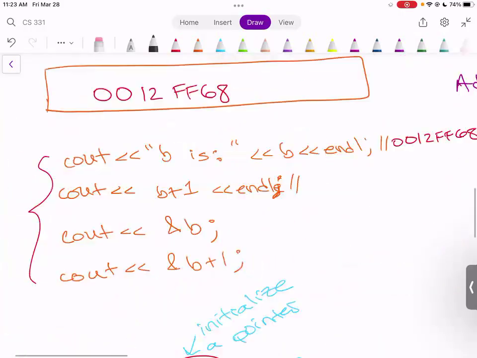So it's going to be 8 bytes after. So what you do is you're going to add 8, but you have to do it in hex. So remember, you have to convert 8 to hex. 8 in hex is still 8. So that's fine.